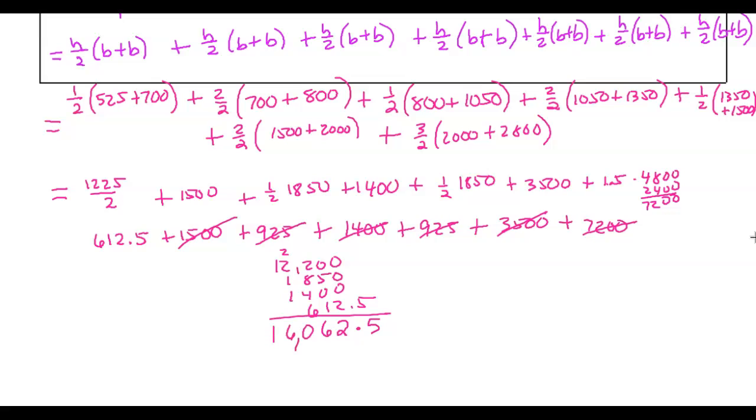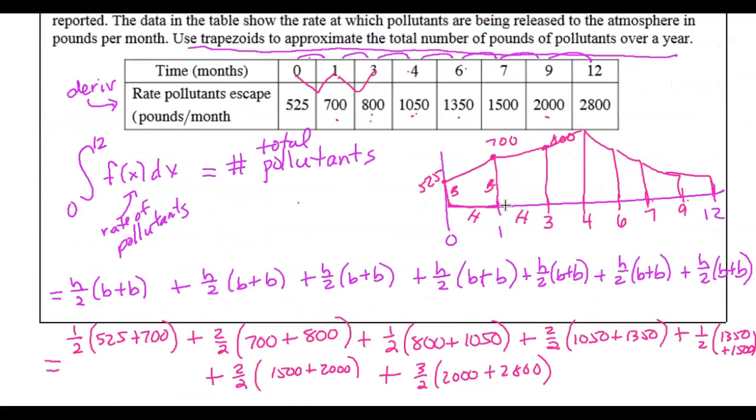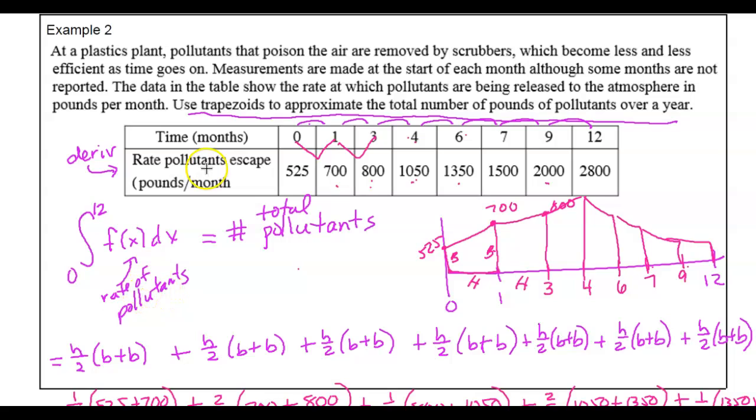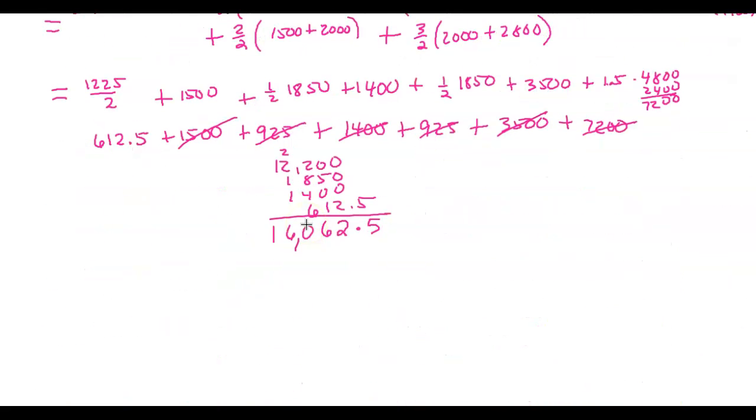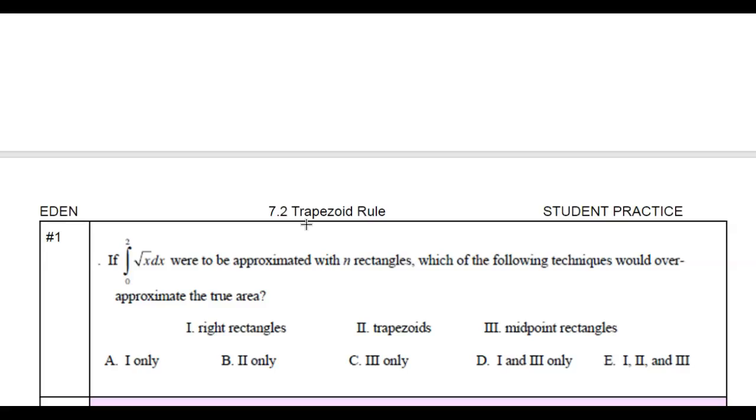Okay, so I end up with 16,062.5. But remember, that was a total of pollutants, okay, over a year. So it'll be 16,000 pollutants in 12 months. Okay, I always like to put total if I've done an integration. All right, so that's the idea.